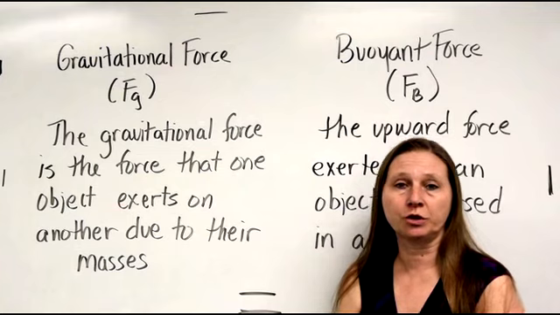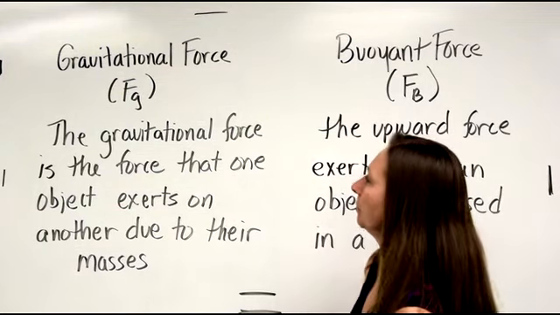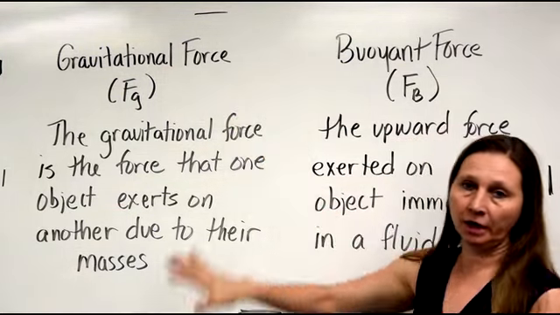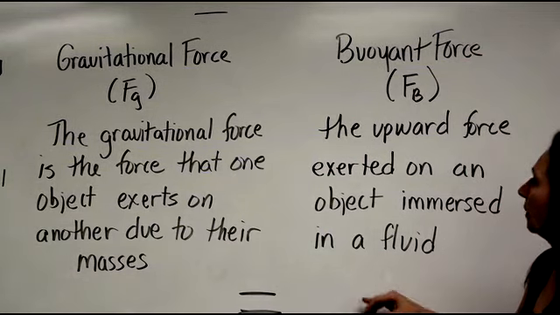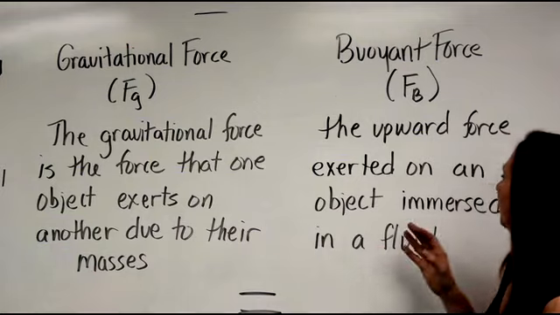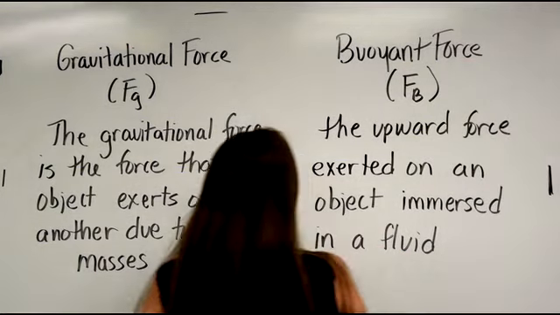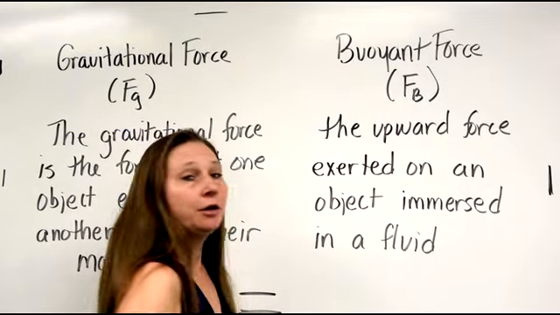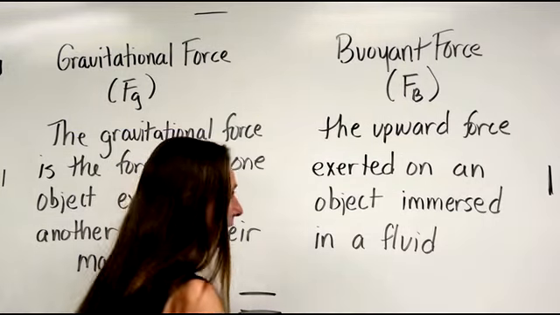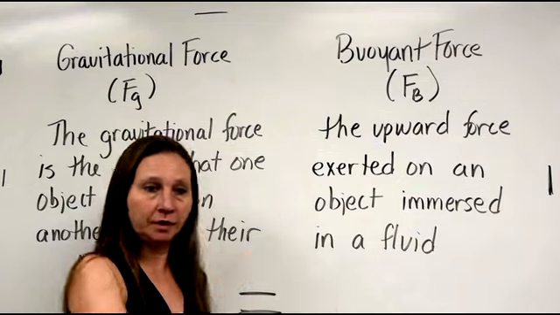The next two forces that we'll use in a real-world example are the gravitational force again and the buoyant force. The buoyant force is the upward force exerted on an object that is immersed in a fluid. Right? It might cause the object to float. If the buoyant force isn't strong enough, the object will sink.